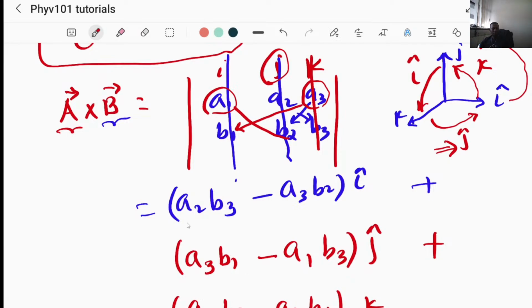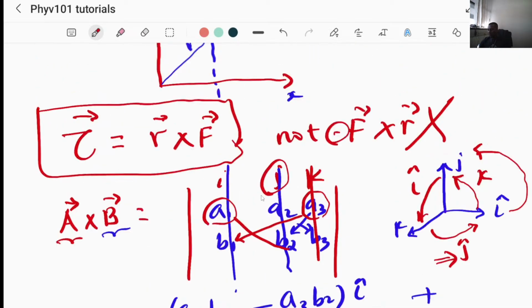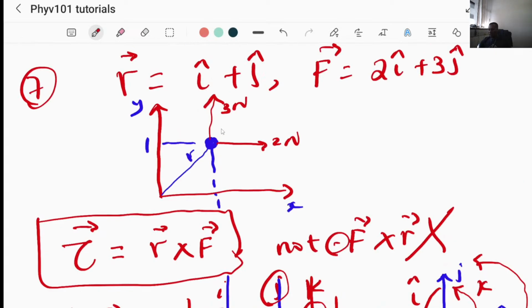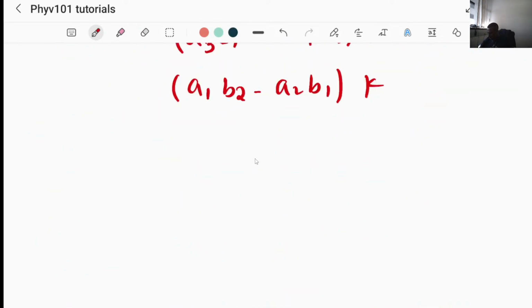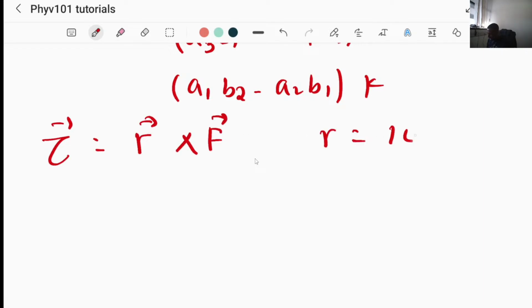Let's put this into practice, according to whatever is given. We are given that the torque is 1 and 1. Now, tau, we know, is R cross F, where R is 1I plus 1J, and F is 2I plus 3J.